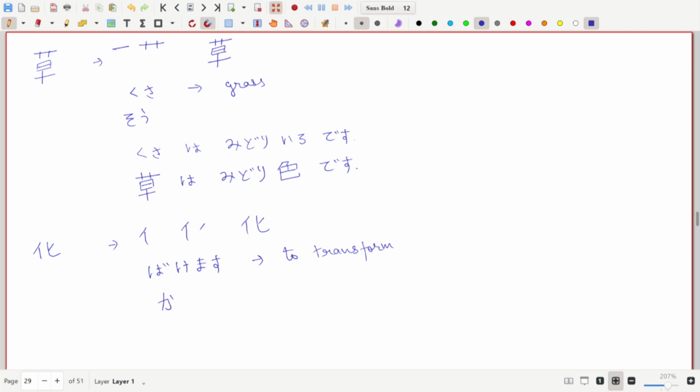The creatures which are known for transforming or disguising themselves are also called bakemono, and it is written like so.